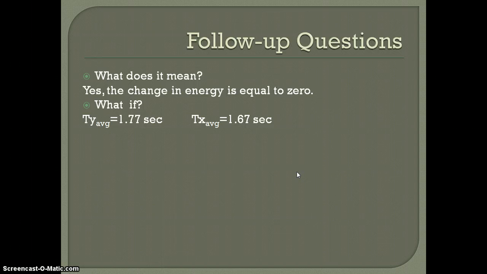For our what-if question, we are asked to compare our periods in the y and the x direction. To do this, we found the average of a period in both our y and our x position data, and we notice that they're off.